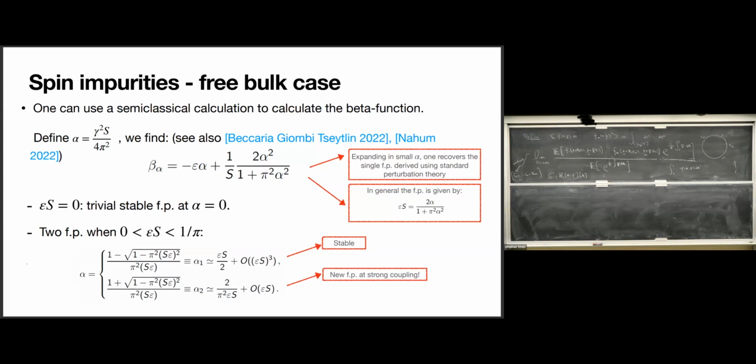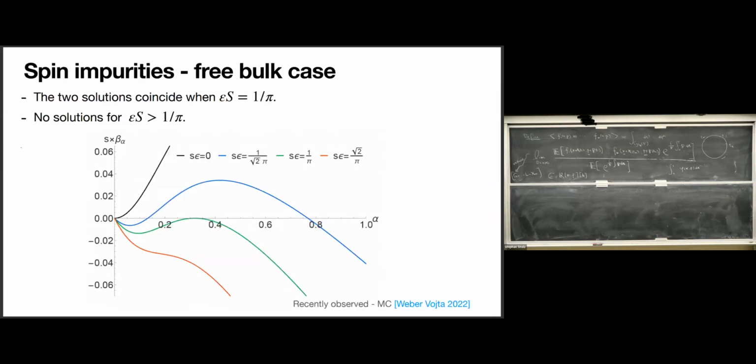I will just say that we use this semi-classical large spin analysis to calculate the beta function of the coupling. And what this beta function gives us is the following: if you are strictly in 4 dimensions, you have only a single fixed point, a trivial one.